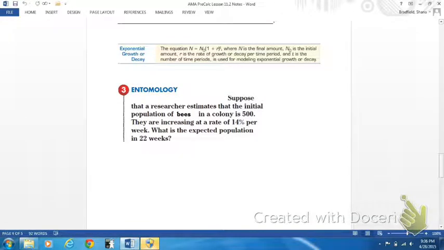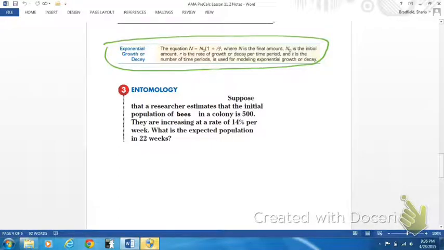All right, we've got a fun little example here of exponential growth and decay. We actually have a little formula, and the formula is N equals N sub 0 times (1 plus r) to the t power. N is the final amount, so the value that we want to get in the end.